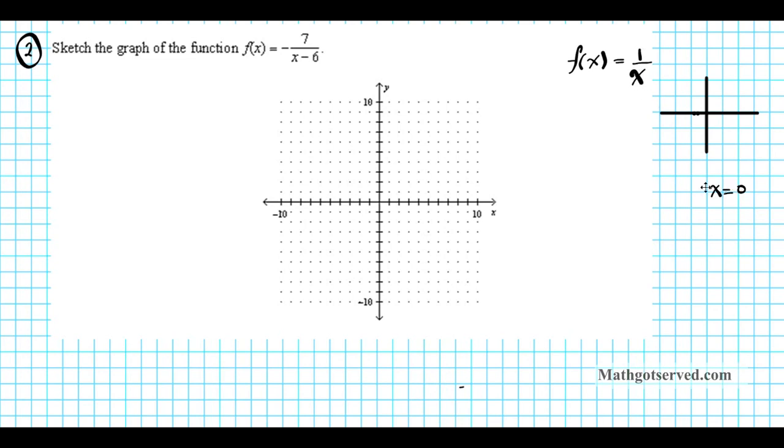Nothing cancels out here, so the only factor in the denominator that remains is x equals 0. So we have a vertical asymptote right on the y-axis.